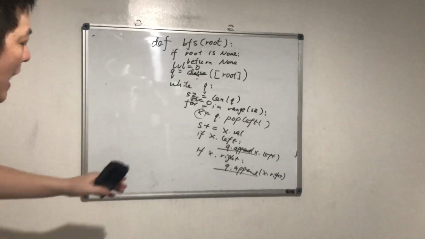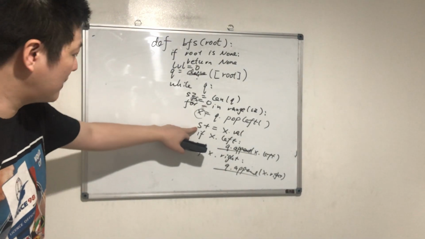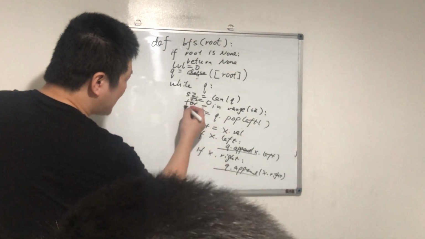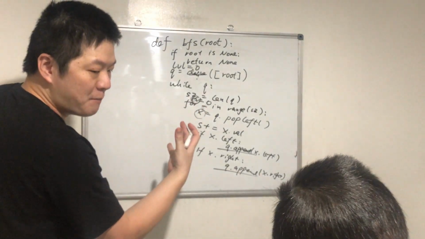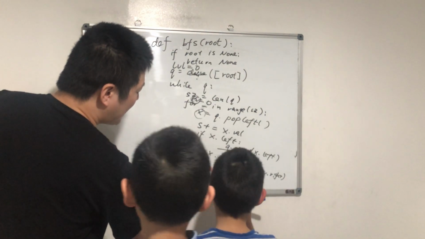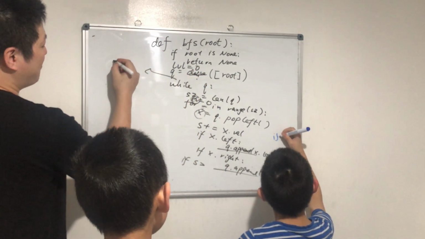Not yet. Now we have this sum, right? So after this for loop, we know that S is the current sum of the current level. So we need to do this. We also need to add another variable called max sum, okay?